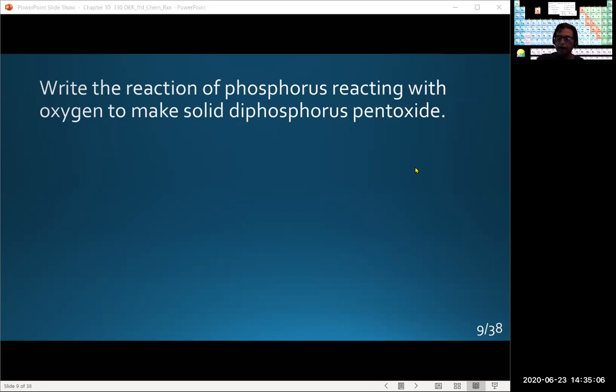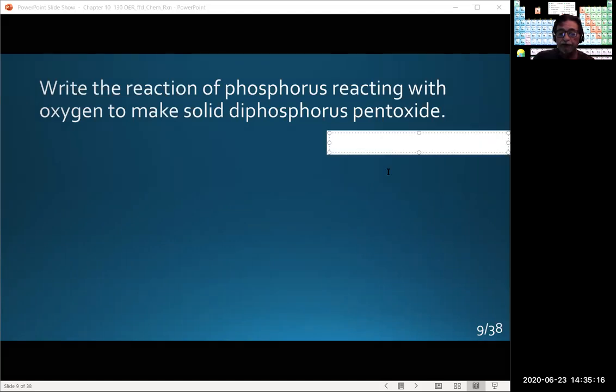diphosphorus pentoxide. Well, let's write the formula for diphosphorus pentoxide and break it down. The parent name is phosphorus and oxide, so it's P and O. Then we look at the prefixes.